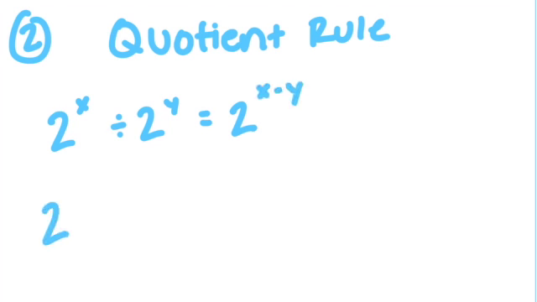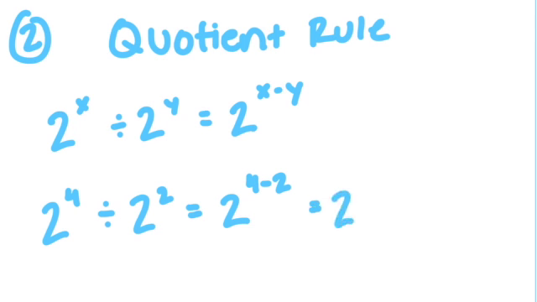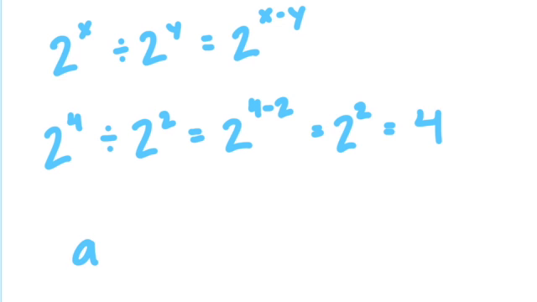So if you have 2 to the 4th divided by 2 to the 2nd, it would equal 2 as the base and 4 minus 2, which would simplify to 2 to the 2nd power, simplifying further to 4. Remember, a to the x divided by a to the y equals a to the x minus y.